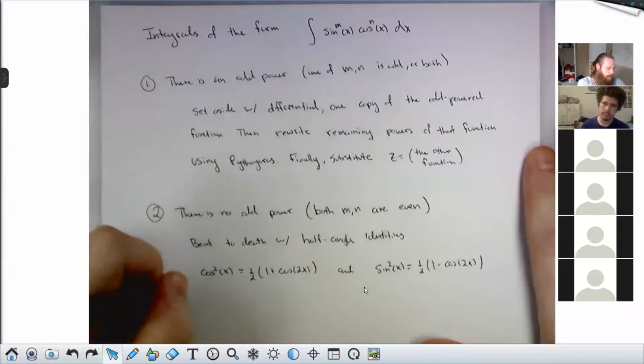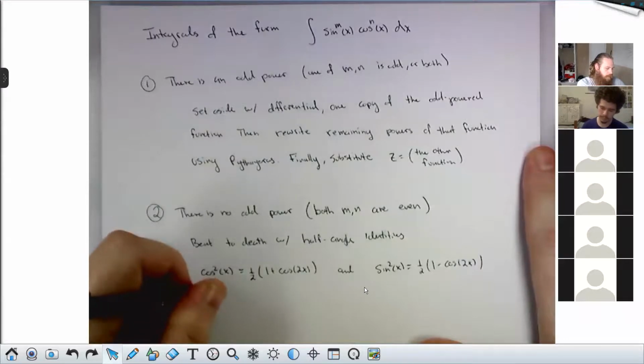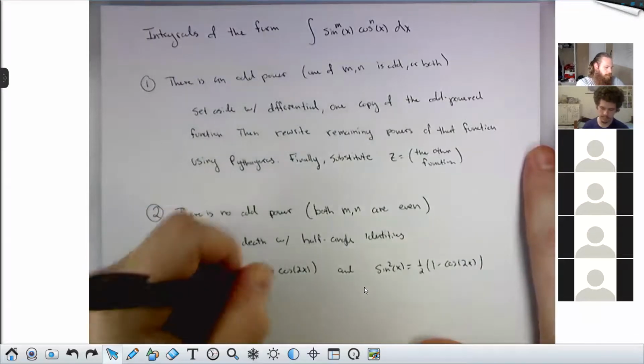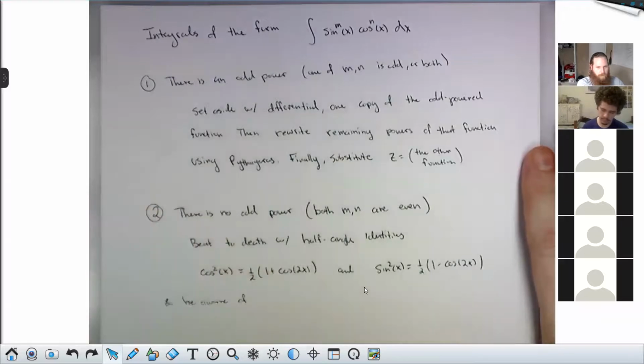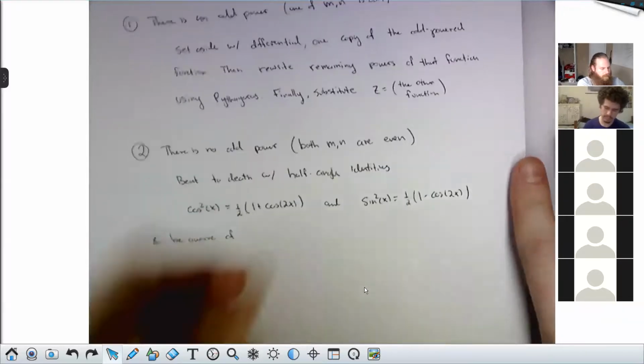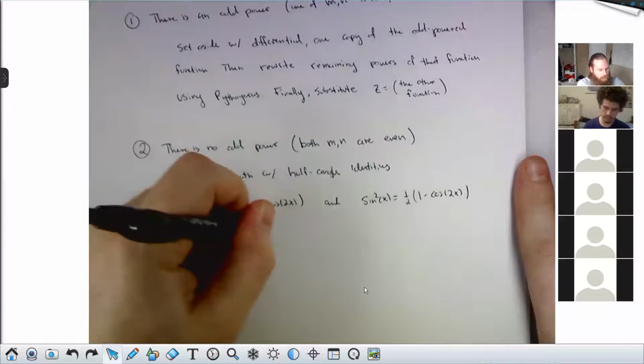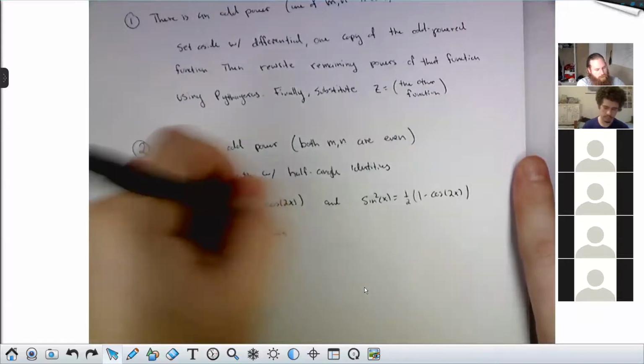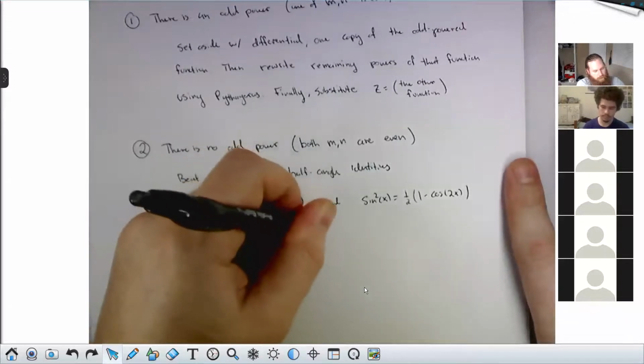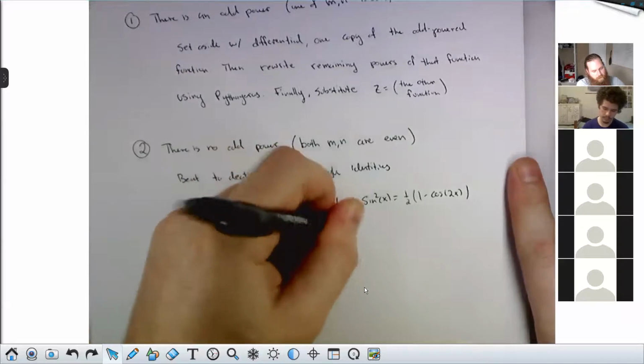And be aware of alternate forms of this identity.